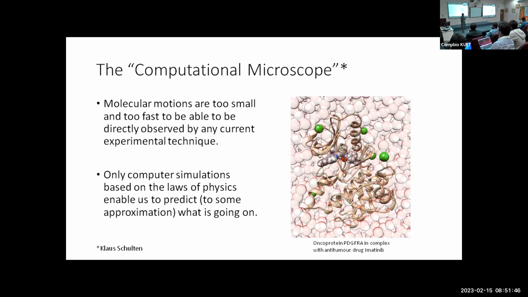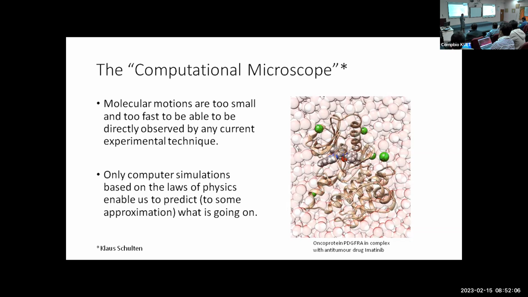Molecular dynamics falls on the other part. It generates data where the experiments cannot. It fills out the gap where we do not have an experimental technology to generate those data.